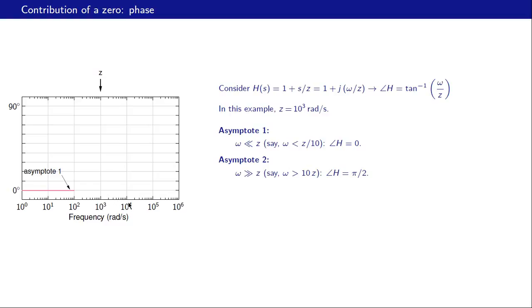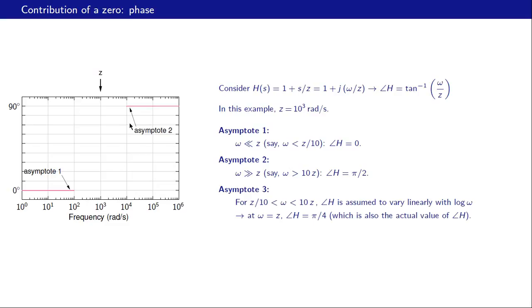This is z, this is 10z. So we are talking about this region now. What happens if omega is much larger than z? Omega by z becomes infinity. Tan inverse of infinity is pi by 2 or 90 degrees. And as an approximation, we say that that corresponds to this entire region. Alright, so that gives us asymptote 2.